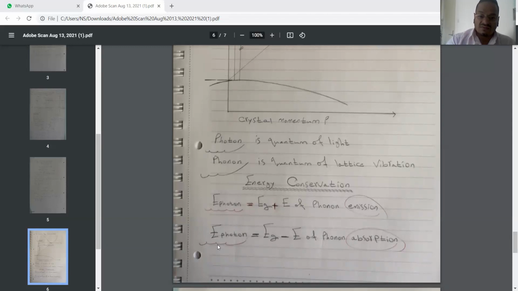At the same time, for absorption, we put minus E phonon: E photon equals the conduction band minus E of phonon at absorption.